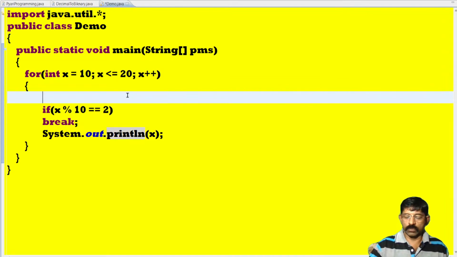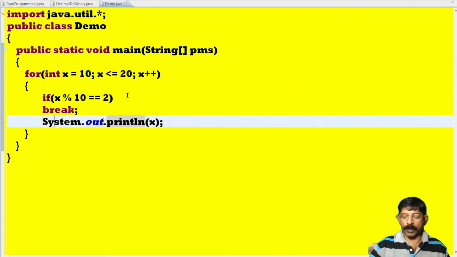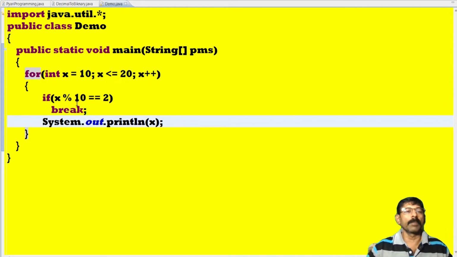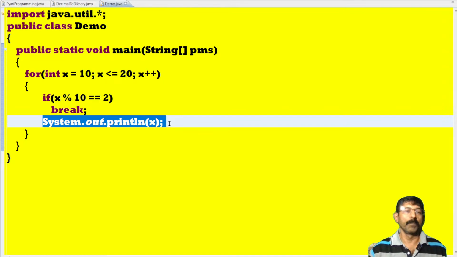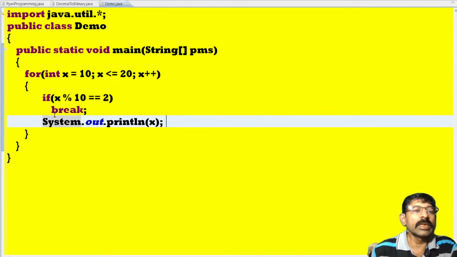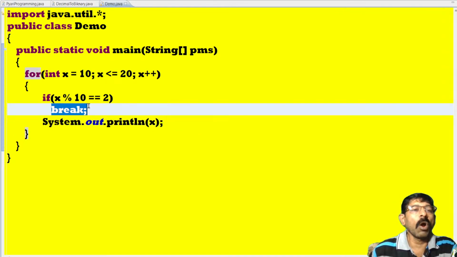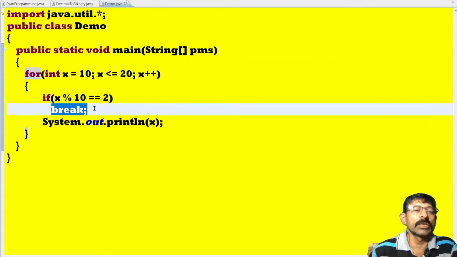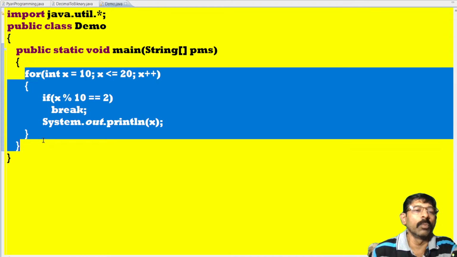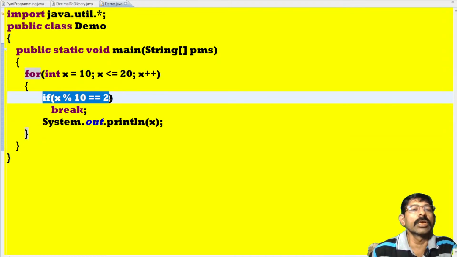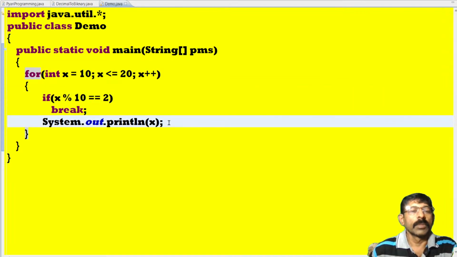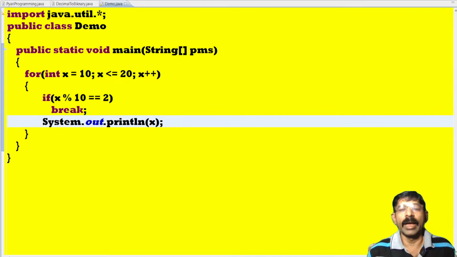Now after break I am having a statement, but it is not generating any error because this break statement is not immediately terminating the loop. Based on the condition it is terminating. So that's why this statement will execute, and it is not going to generate an error.